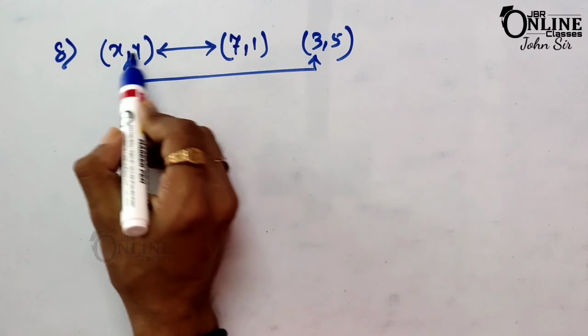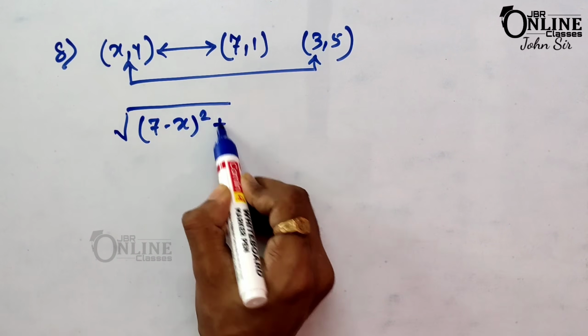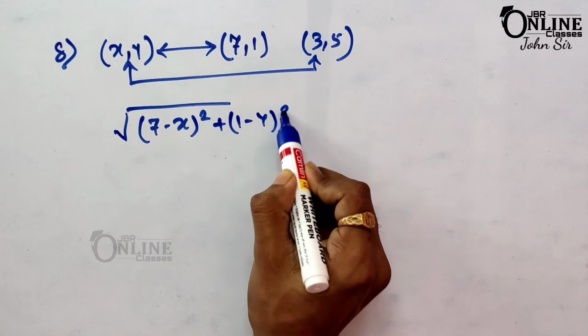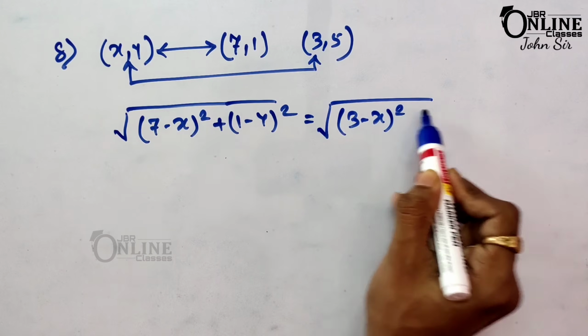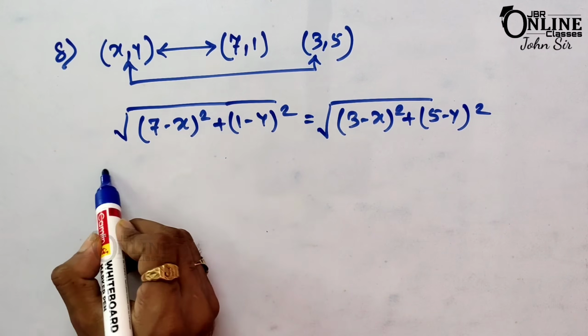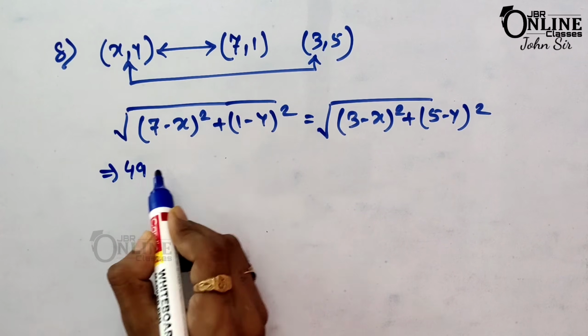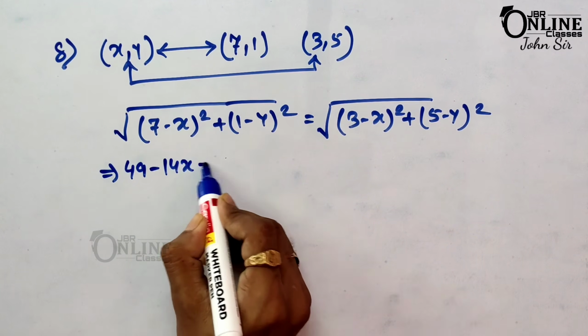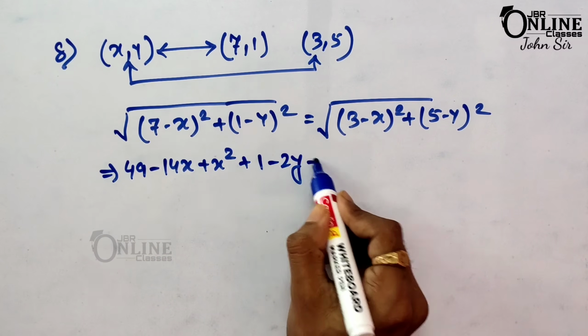So first you have to find out the distance between these 2 points, that means 7 minus x whole square plus 1 minus y whole square, and that is equal to 3 minus x whole square plus 5 minus y whole square. Okay, now squaring both sides, here 49 minus 14x plus x square, and here 1 minus 2y plus y square.